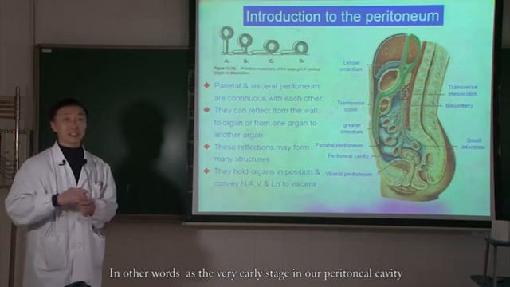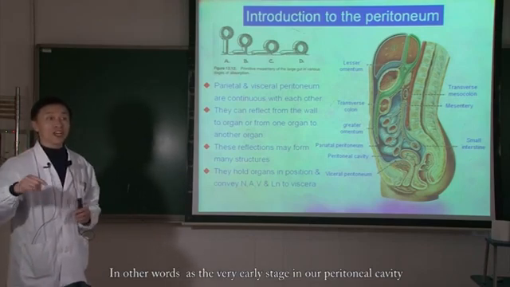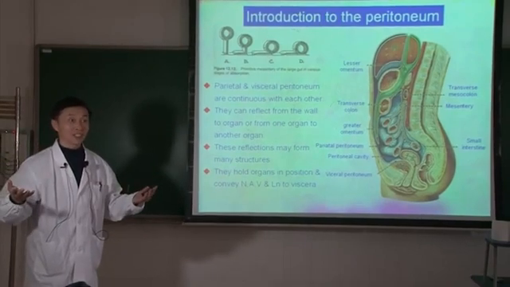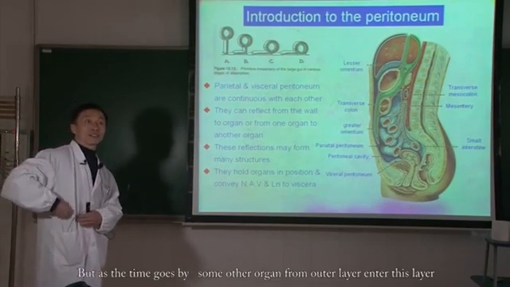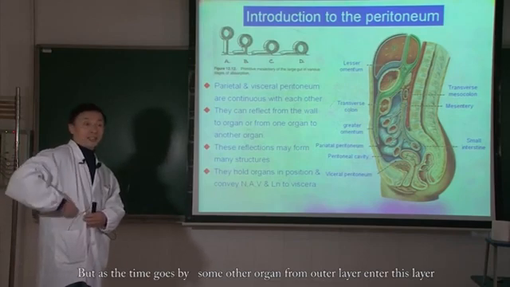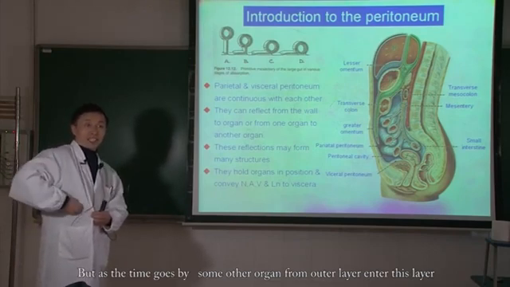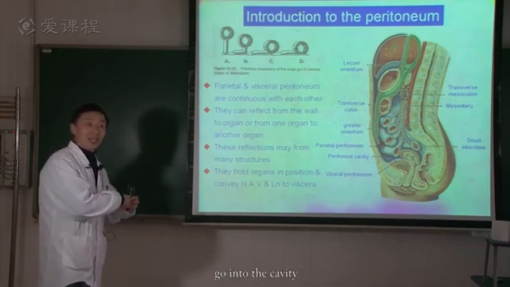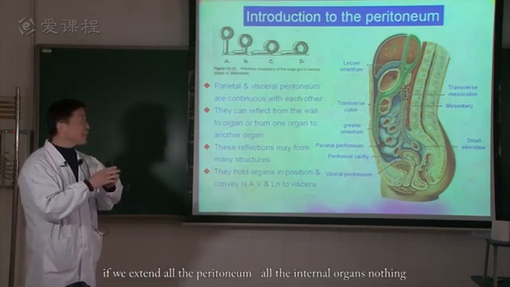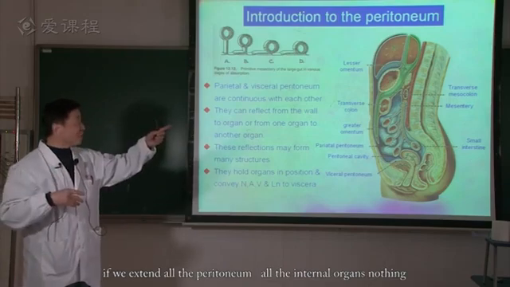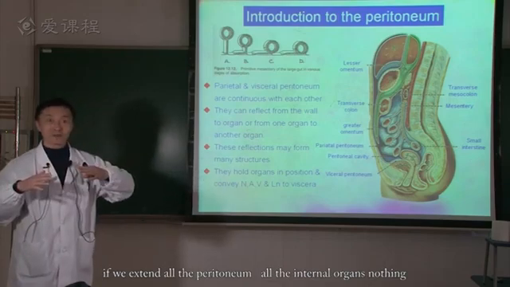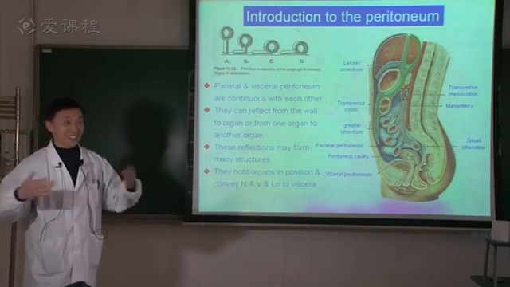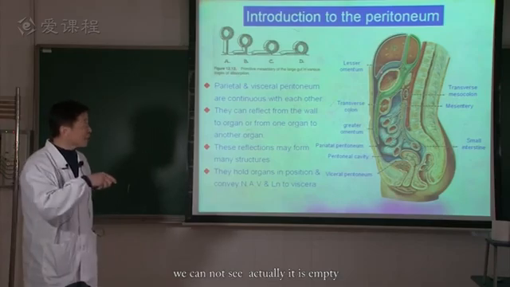In other words, at the very early stage, in our peritoneal cavity there is no organ. It's empty. But as time goes by, some organs go from the outer layer into the cavity. If we extend all the peritoneum, with all the organs, there is nothing. We cannot see anything. Actually, it's empty.